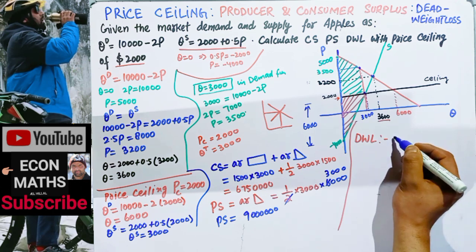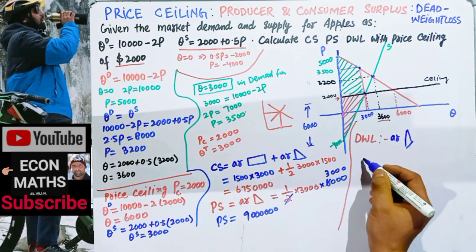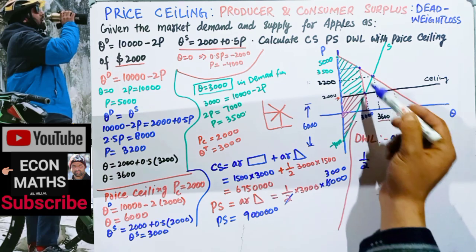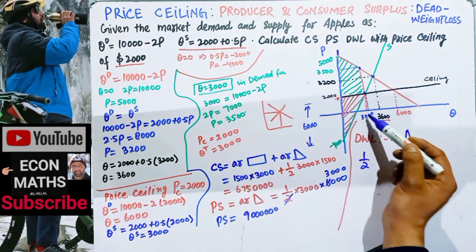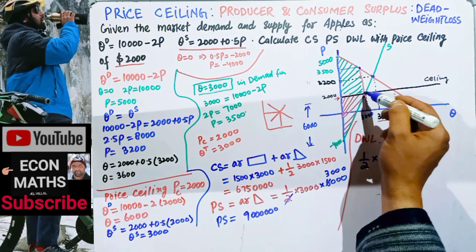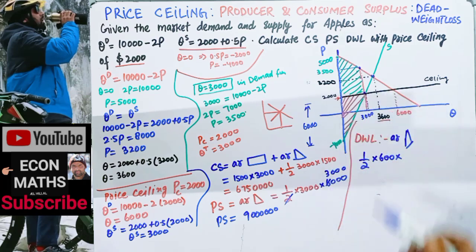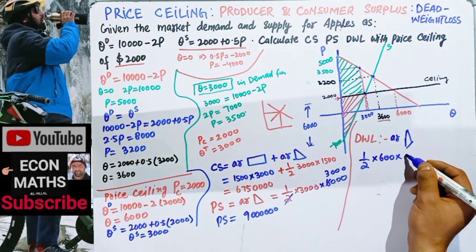The area of a triangle is 1/2 of base times height. Base is 3600 minus 3000, that is 600. What is height? From this to this it is 20 to 35, it comes out to be 1500.